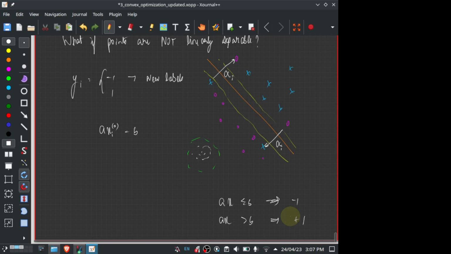So if it was linearly separable and Ax minus b actually satisfies this, then what could I say about yi times A transpose xi minus b? It would always be positive, right? So I could say that this is greater than or equal to my margin t, correct? This would have been the constraint in the earlier problem, in the linearly separable case.